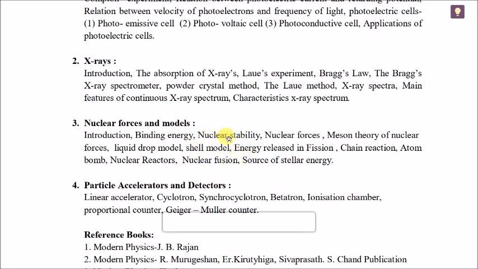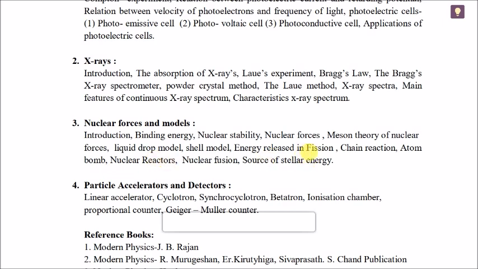Next, these nuclear models describe various concepts related to nuclear forces, that is the energy released in the fission reaction, then chain reaction, after that the atom bomb and nuclear reactor.